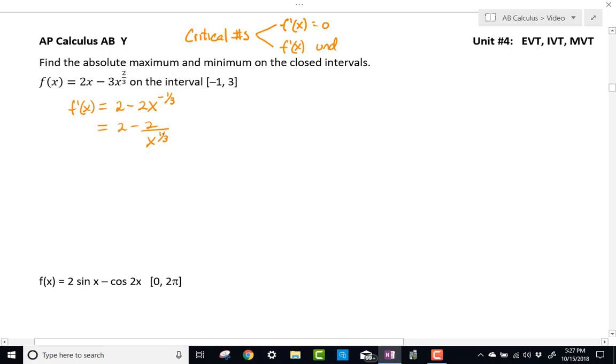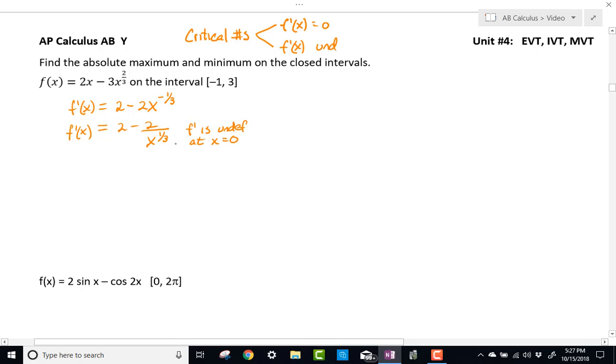Because not only do we have to set this derivative equal to 0, but we also want to know if this derivative is undefined. And we can see based on this function here that f prime is undefined at x equals 0.